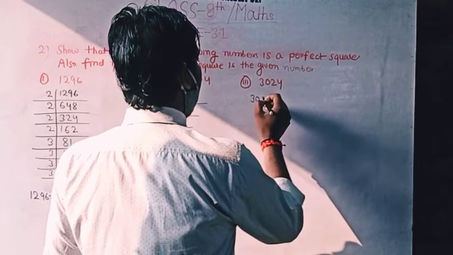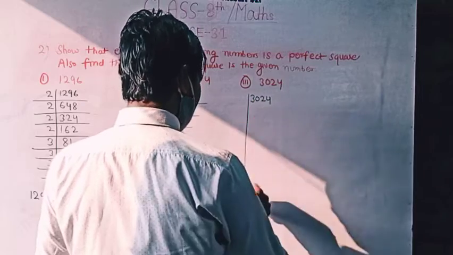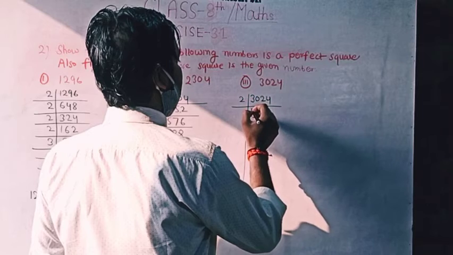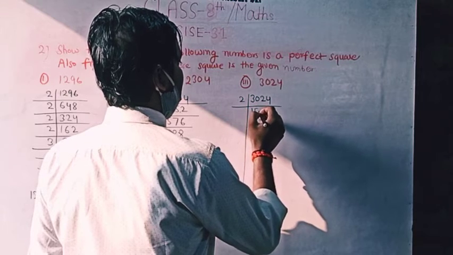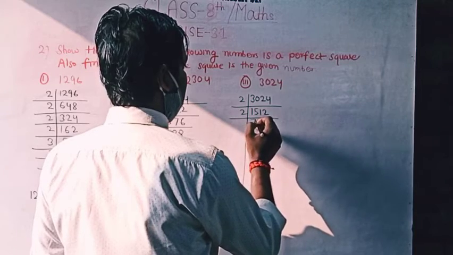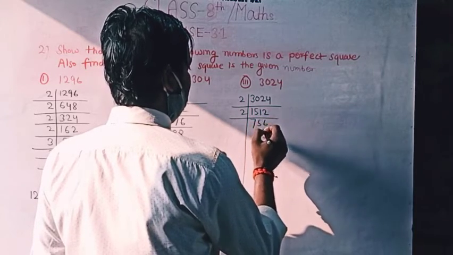This is 3024. Again find its prime factors. So 2 1 is 2, 2 5 is 10, 2 1 is 2, 2 2 is 4. This is 2 7 is 14, 2 5 is 10, 2 6 is 12.